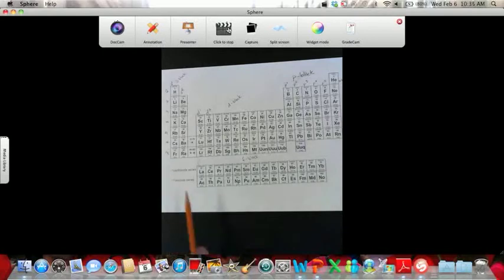Now, if you look at group number 1, every element's going to end in what? It's going to be in the S block, and it will end in S1. We look at group 2, what is it going to end in? S2, and so on and so forth. So, that is a good way to figure out the electron configuration without having to memorize every single order that it goes into. All right? And that should do it.